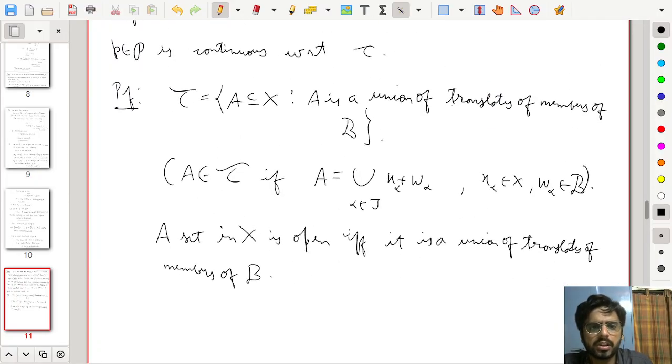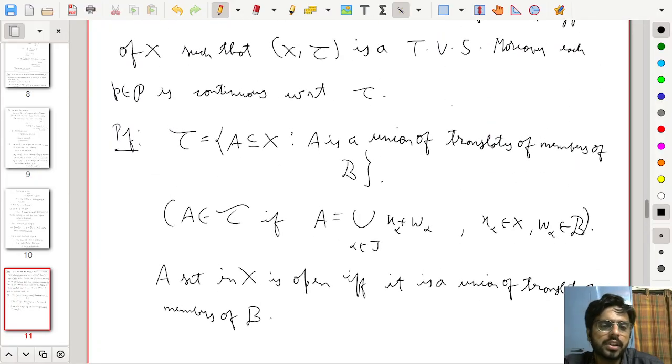Do you understand the topology? We take the translates of members of B, then we take the union, right? So I am defining my topology like that.